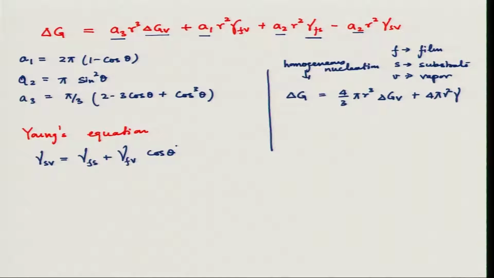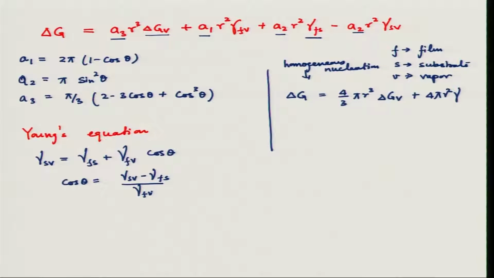From this, cos theta, the angle which this stable nucleus will form, is gamma SV minus gamma Fs divided by gamma Fv.